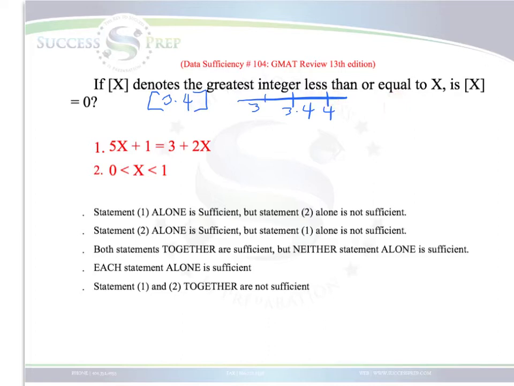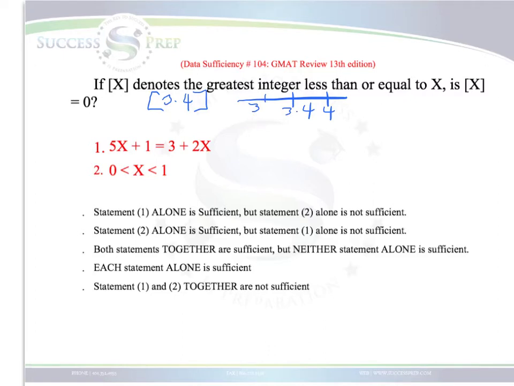So in that case, 4 will just be 4 in a bracket. But in this case, since it's 3.4, the 3.4 in a bracket has to be 3, because that's the largest integer you can find that is not greater than 3.4.